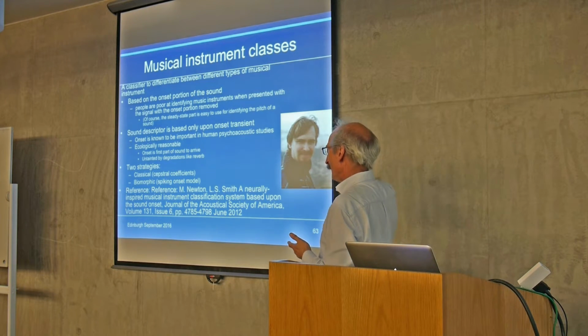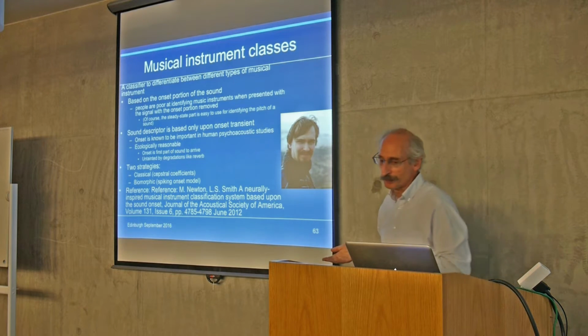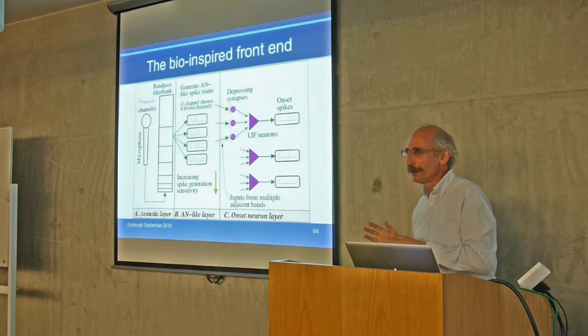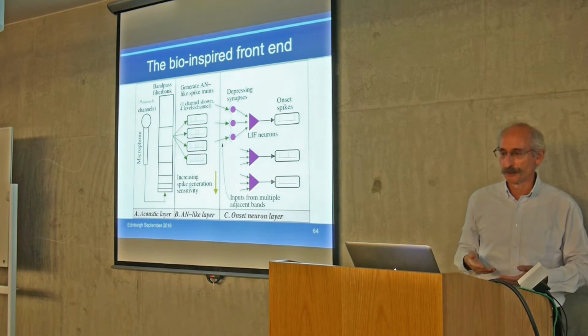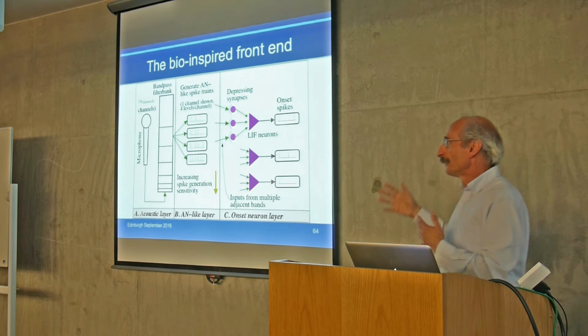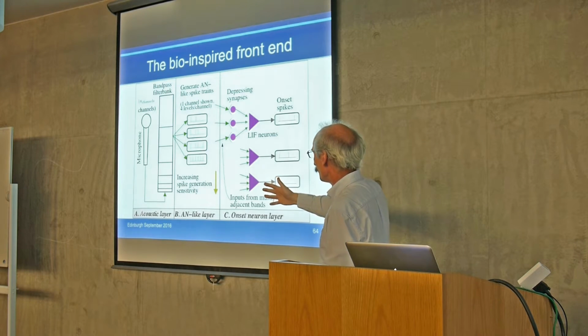So what Mike and I did was to look at two codings, an MFCC-based coding and an onset-based coding, and try and compare these for different kinds of instruments. We did the same kind of thing as before. We generated the AN spike rate in the same way as I spoke about before.